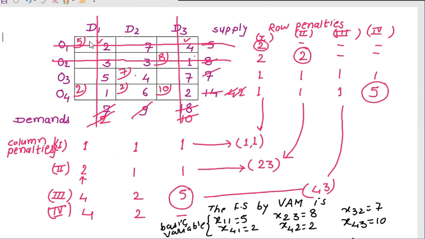If you try to join these basic cells, which have positive allocations, by using vertical lines or horizontal lines, then a circuit or loop does not form. So these positive allocations are at independent positions. So it is a non-degenerate basic feasible solution.